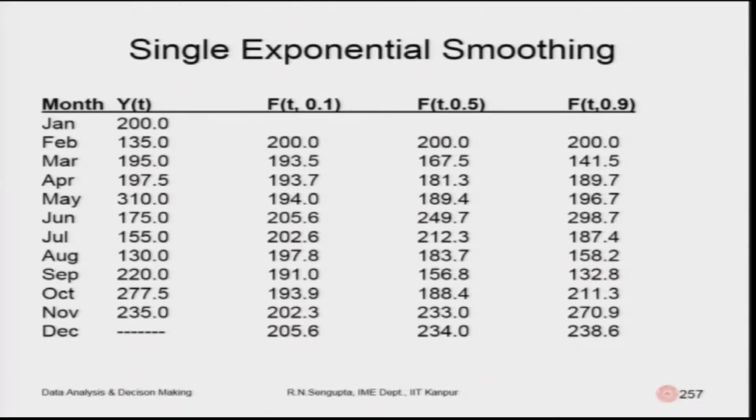The alpha values are changing: for the third column it is 0.1, which means you want to give a weightage of 10%. Similarly, for the second last column the weight is 0.5, that means you are putting equal weightage of 50%. The last column has an alpha value of 0.9, which means you are putting 90% weightage.